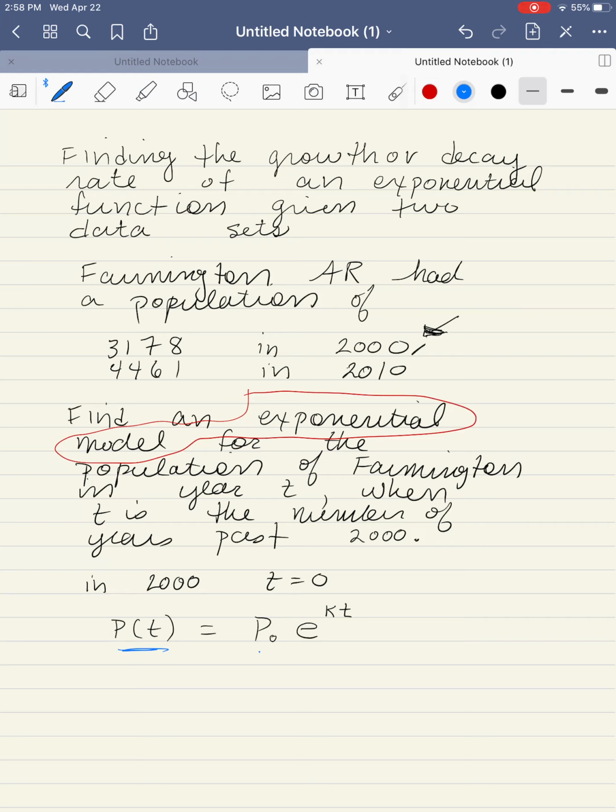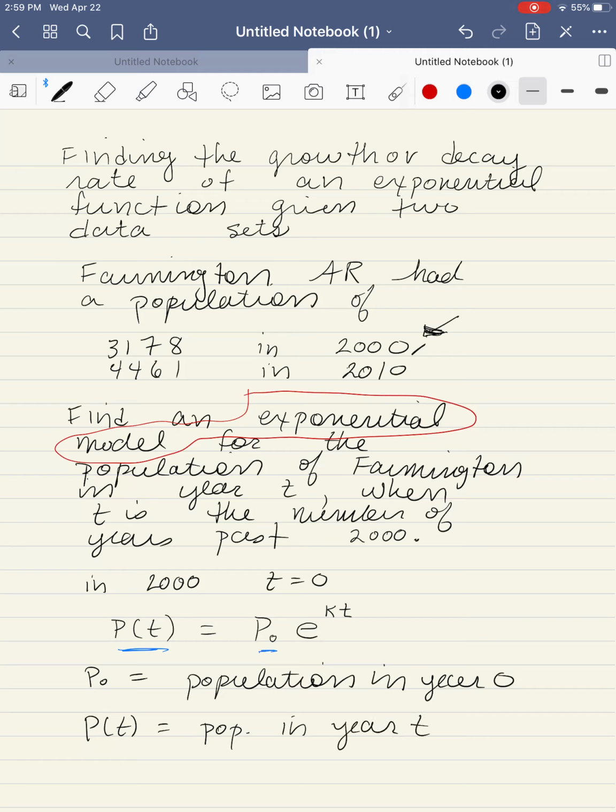So P of T is the name of the function, the population in year T. P sub 0 equals population in year 0.